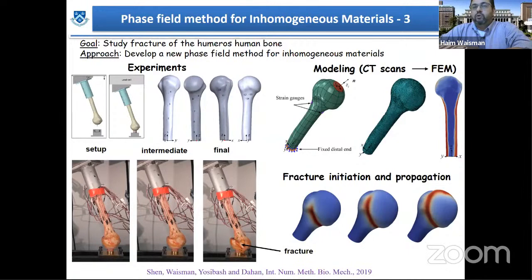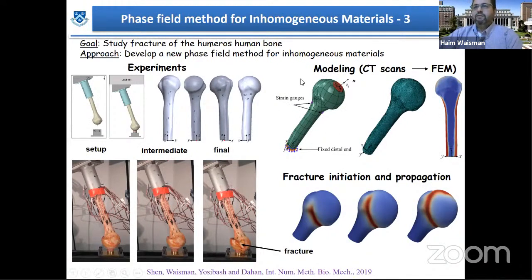modeling fracture of bones. So we had a donor that donated his bone. This is the humerus bone. It's the arm, the bone in the arm here. And so the idea here is to study what happens if you load the bone and you get fracture, and essentially can we reproduce the same behavior as in the experiments.